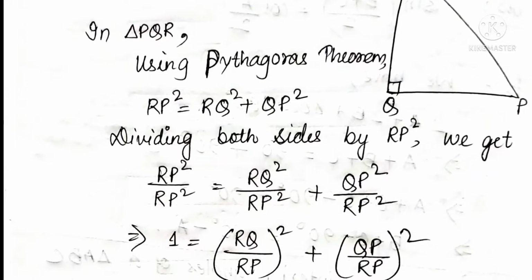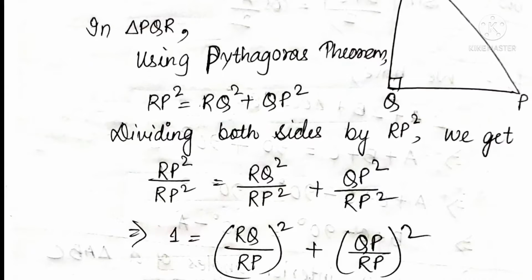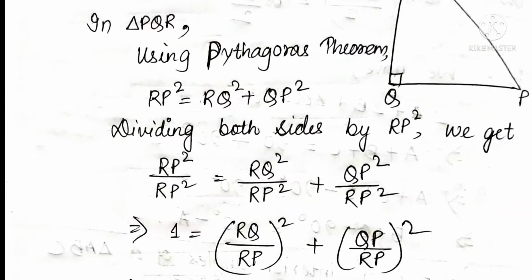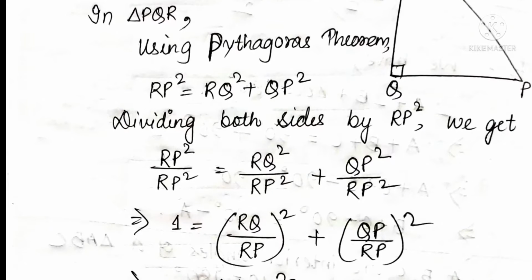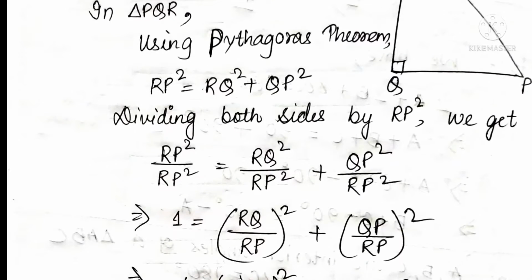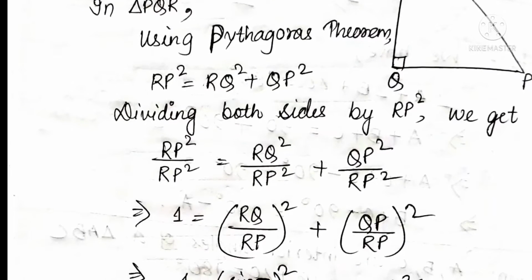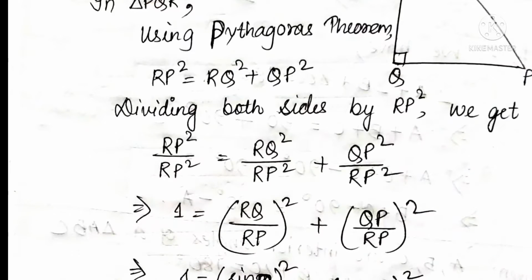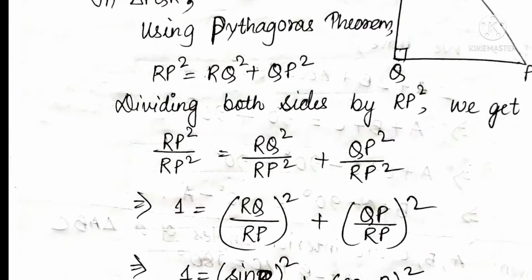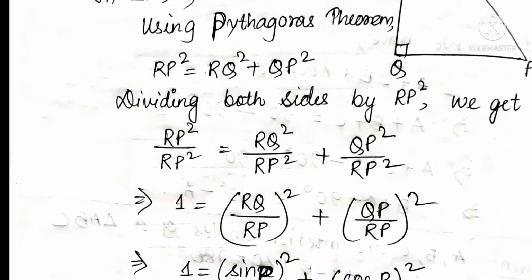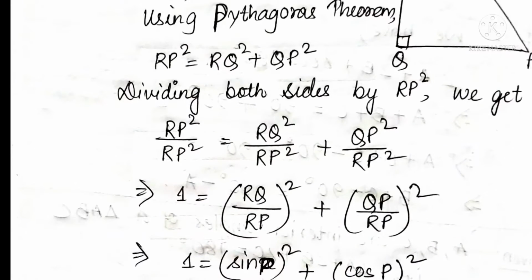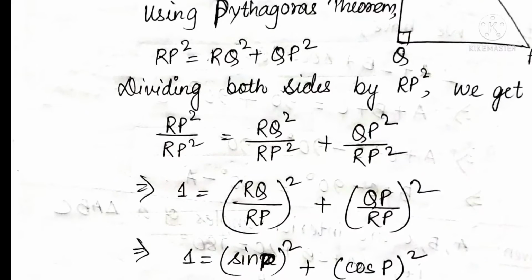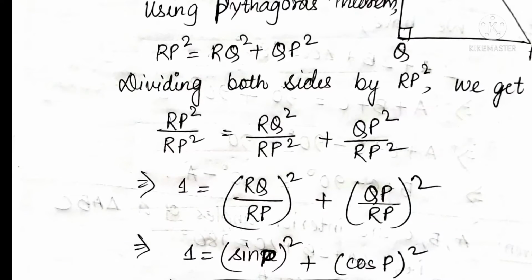Now we can cancel the left hand side part, we will get 1, and in the right hand side part we are getting RQ by RP whole square plus QP by RP whole square. So from the diagram you can see RQ by RP is perpendicular by hypotenuse, and perpendicular by hypotenuse is sin P, because here the angle P is the base angle.